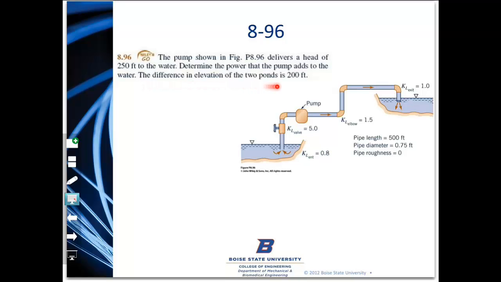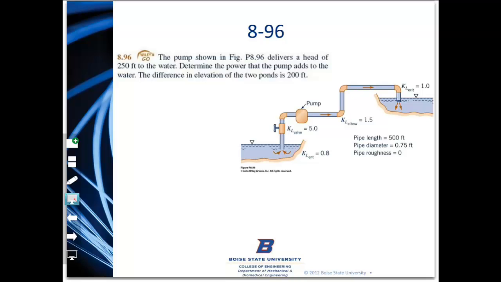The difference in elevation of the two ponds is 200 feet. And you can see that you don't have to really look up tables for the loss coefficients. So for the valve, for the entrance, and for the elbows, in fact you have 1, 2, 3, 4 elbows, you're given the loss coefficient for those, and you're also given the exit loss here, which is 1.